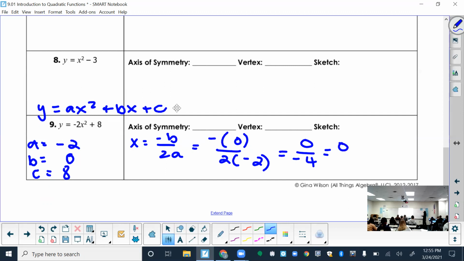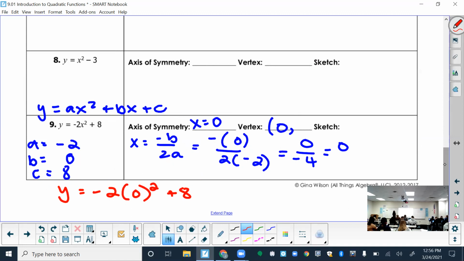So then our axis of symmetry is 0. So that means the x value of our vertex is what? It is 0. And then now take a moment and solve for your y value. If you know the answer, kind of hold it in your head for a second.